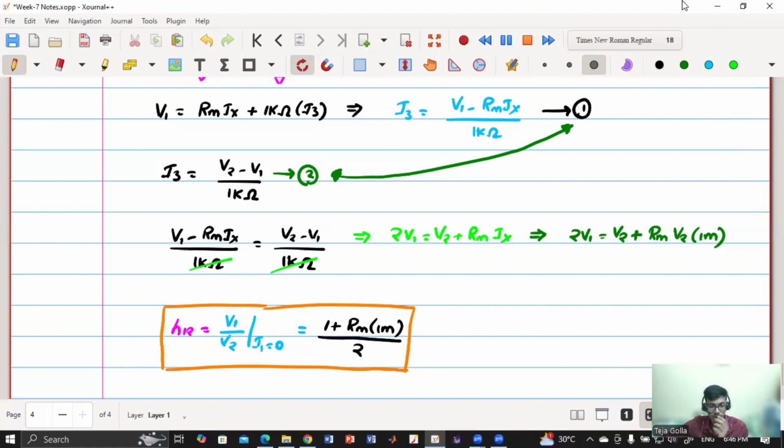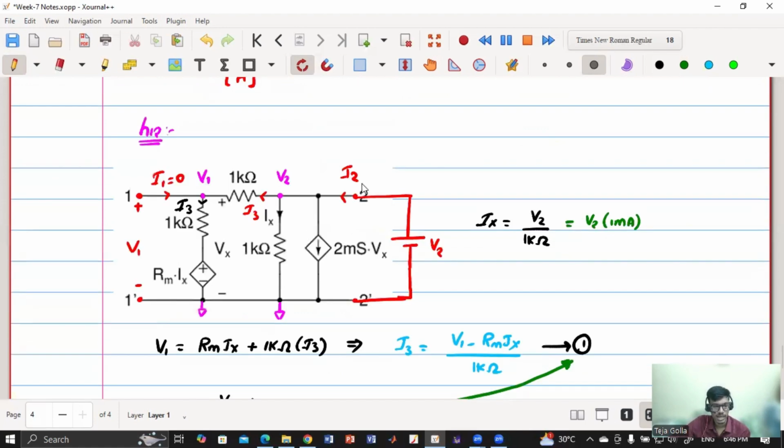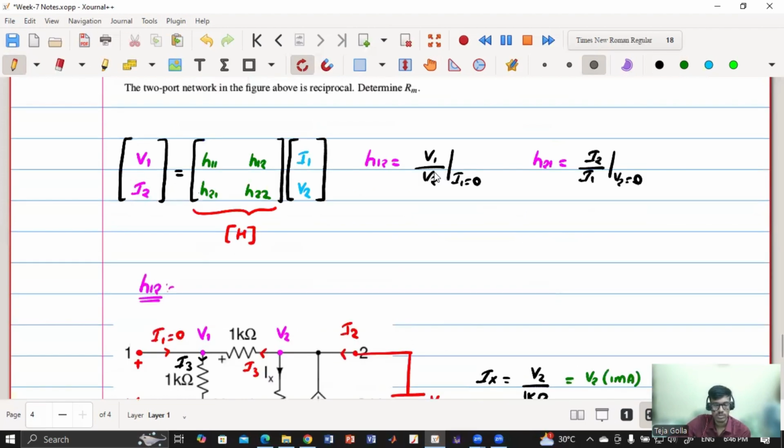Everyone, is it clear? I have just used this circuit and applied KCL and KVL to get V1 in terms of V2, because I want V1 by V2. This is the ratio that I want. Clear? Or any doubts you have?